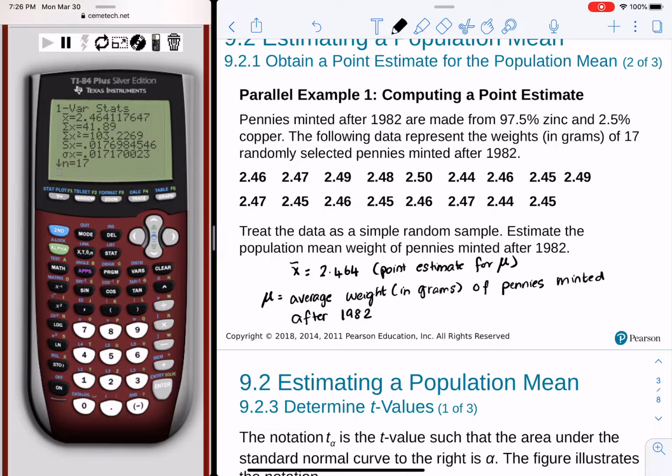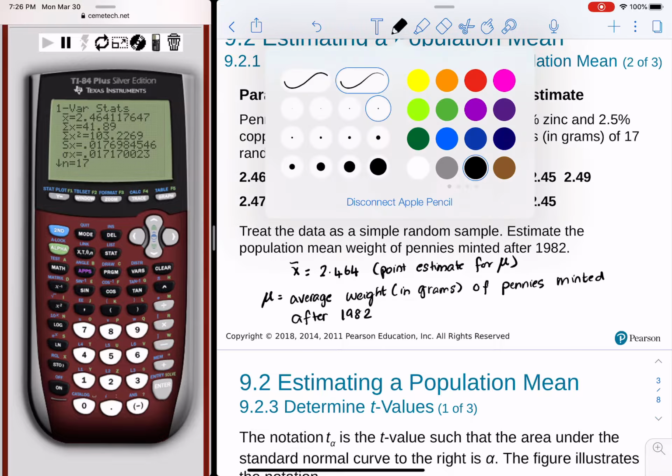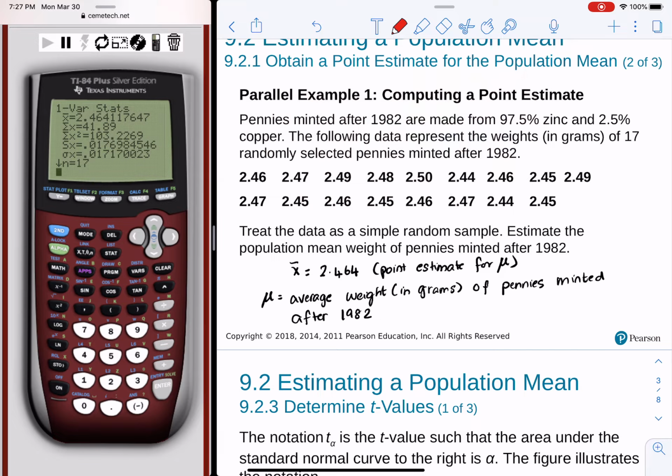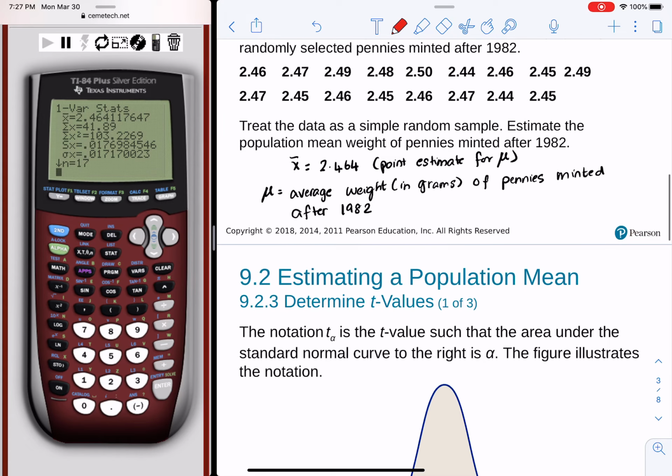Another important statistic that we need when we're trying to estimate the population mean is the standard deviation, specifically the sample standard deviation, which in the calculator is given by Sx.